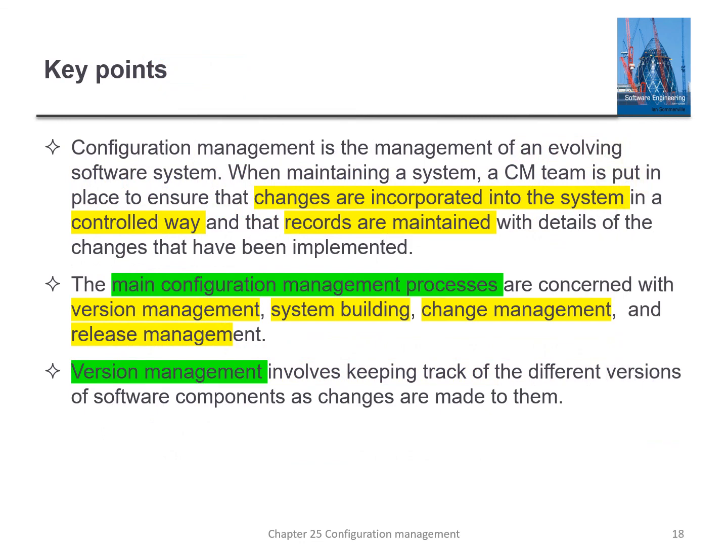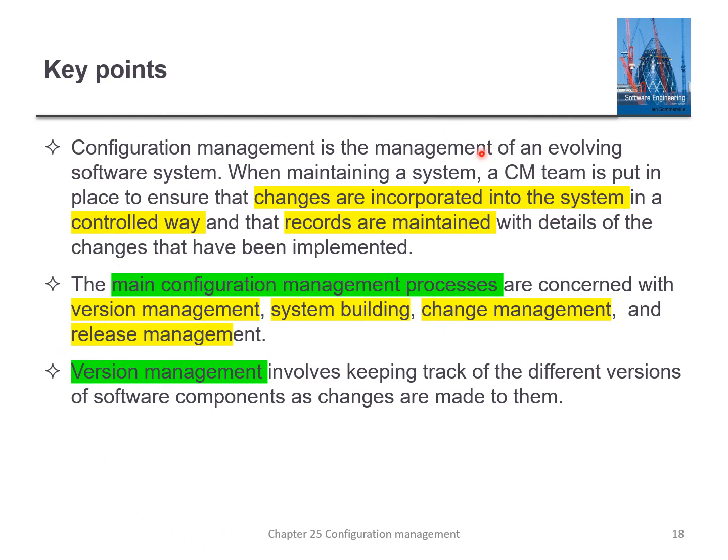So what we have seen so far in configuration management is that it is about controlling the versions of the software. Controlling the version of the software is not only about managing the version, but the version is also used during system building, change management, and when we are releasing the software to the market and to the user.